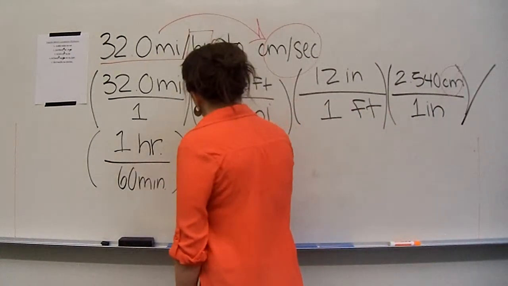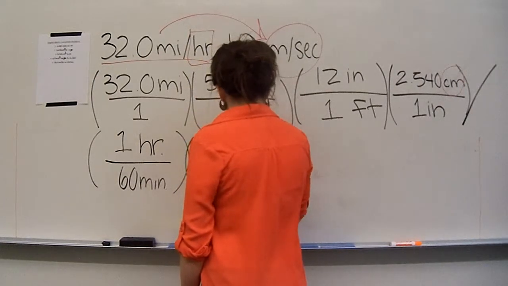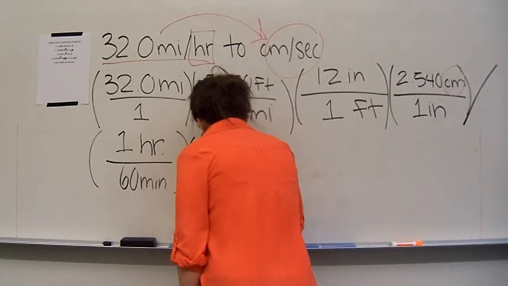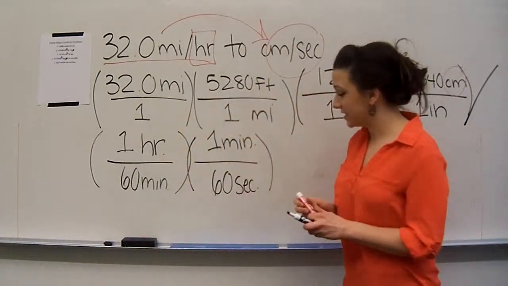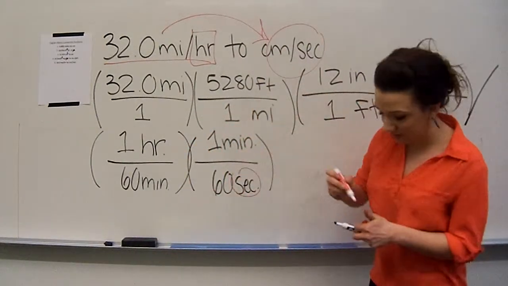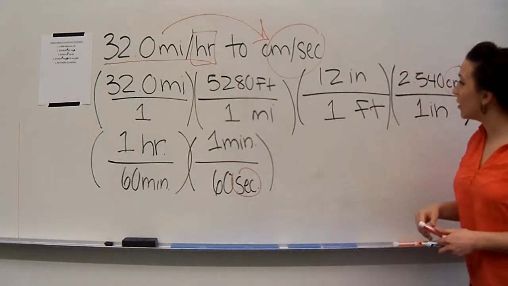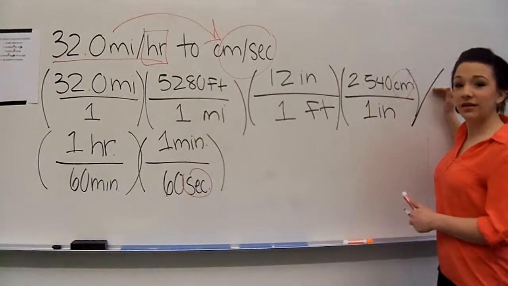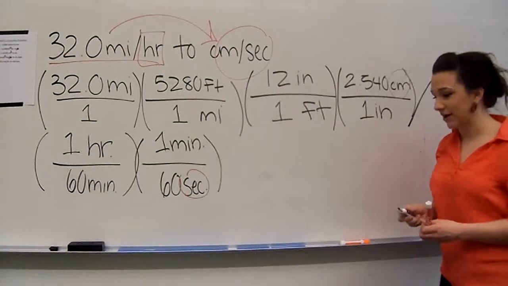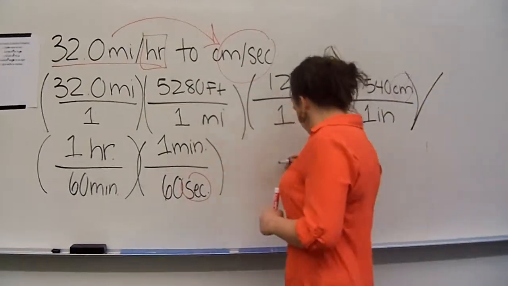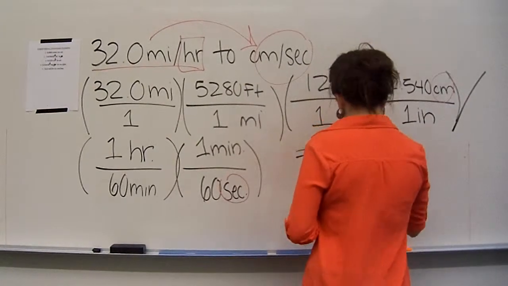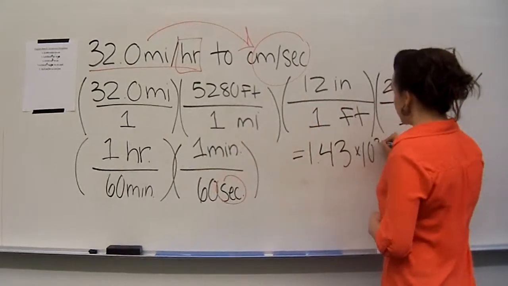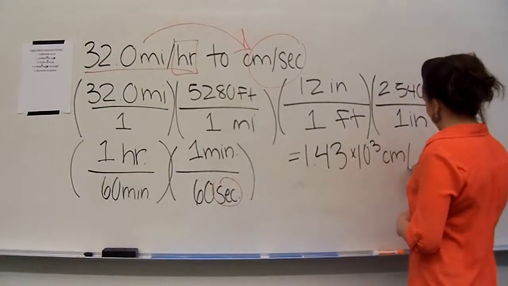So I know that 1 minute is equivalent to 60 seconds. As you can see, seconds is the unit that we were looking for. And now we multiply everything on the top and divide it by everything on the bottom. Once you do that, you should end up with the answer of 1.43 times 10 to the third centimeters per second.